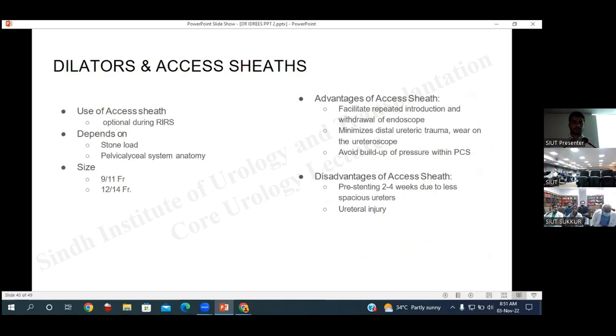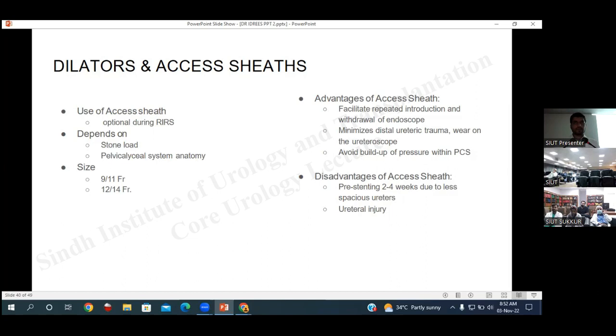The advantages are there: because of repeated insertion there is less trauma to the ureter, it decreases the intrapelvic pressure, and the irrigation is better. But of course, the side effects are there: because of the size of the access sheath, there can be trauma due to insertion and damage to the ureteric orifice. But these are all dependent on the case.